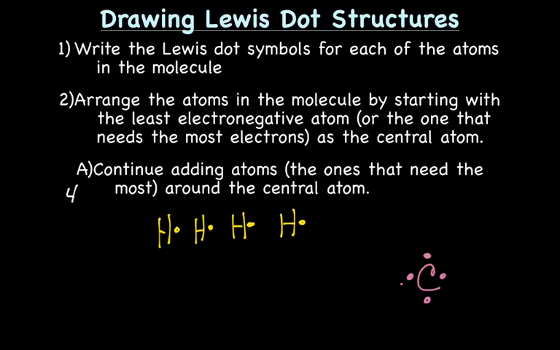And now we need to arrange the other atoms around it, in this case hydrogens, so that they can share the electrons, helping to get to the noble gas configuration for everybody. So let me start with one of the hydrogens. We'll take this guy.